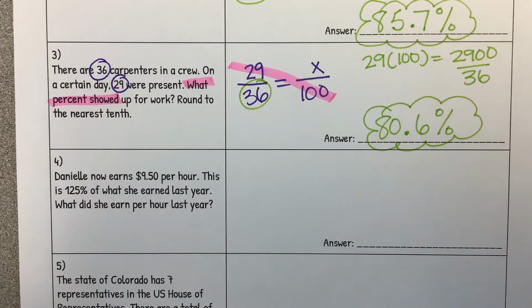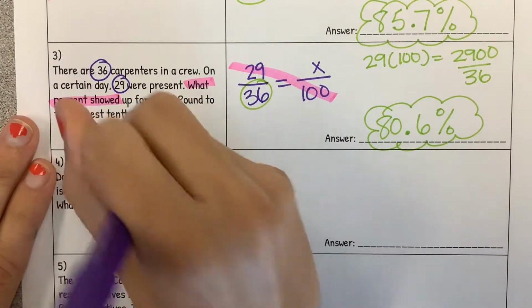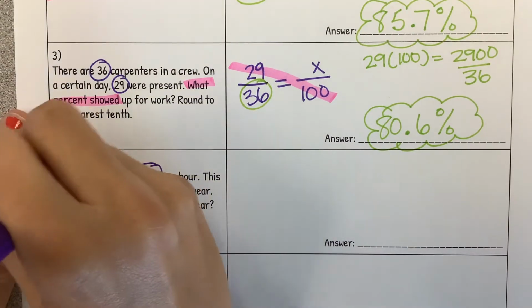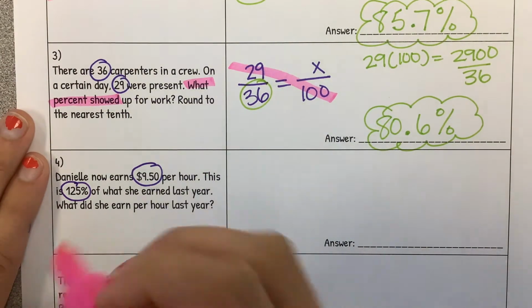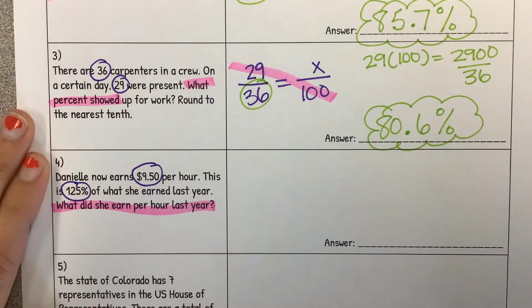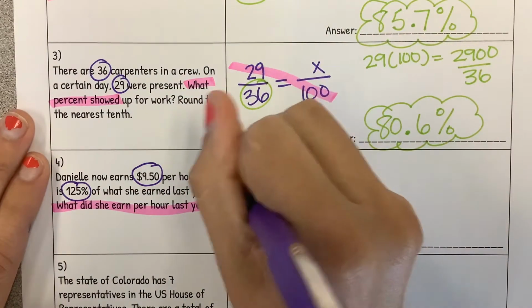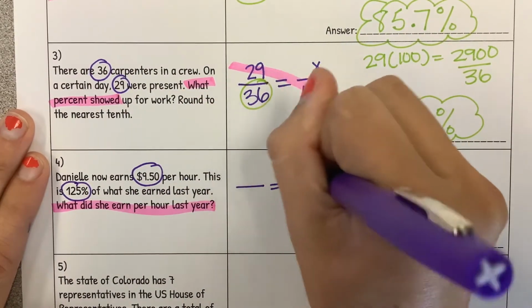Number 4. Danielle now earns $9.50 per hour. This is 125% of what she earned last year. What did she earn per hour last year? So, plugging into my percent proportion, 125 is my percent.